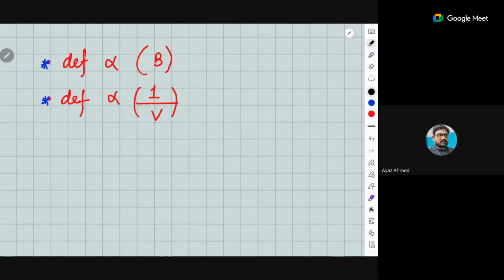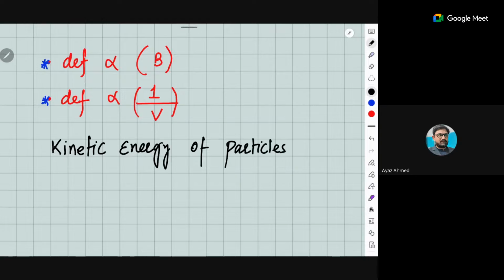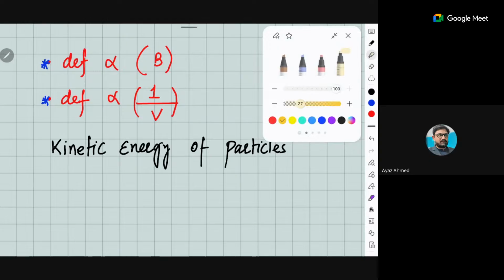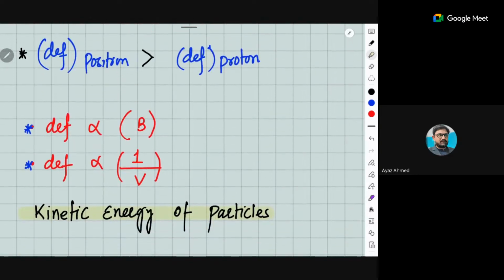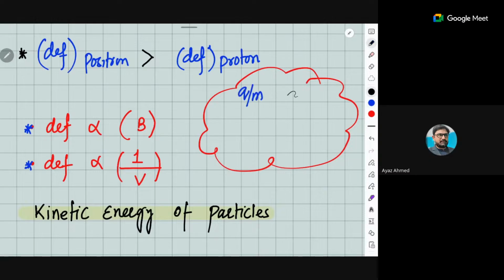So, I was talking about all this. Now, we can calculate the kinetic energy of the particle. I will write one important note here: this charge to mass ratio is used to identify the particles.